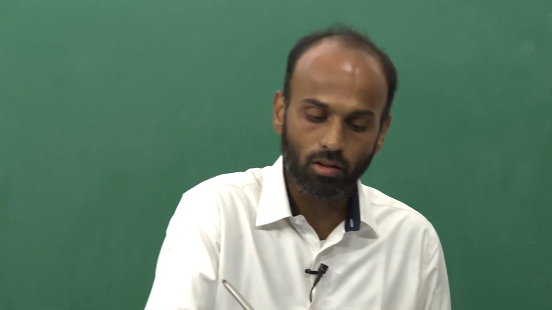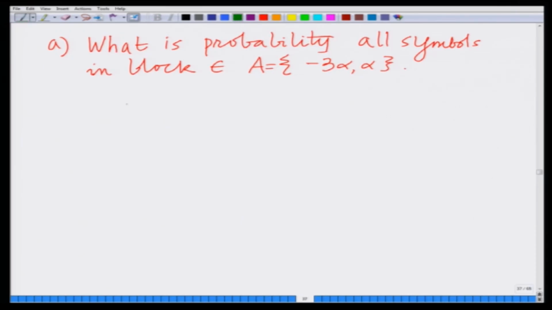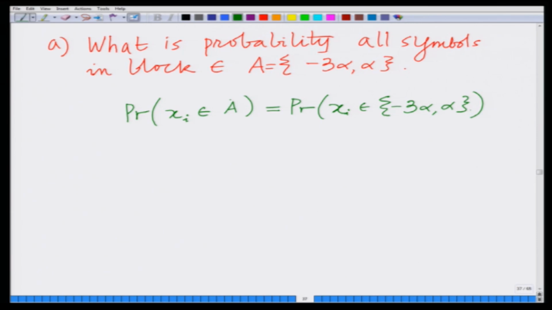Now let us first compute the probability that a given symbol xi belongs to A. This is equal to the sum of the probabilities corresponding to the symbols minus 3 alpha and alpha.